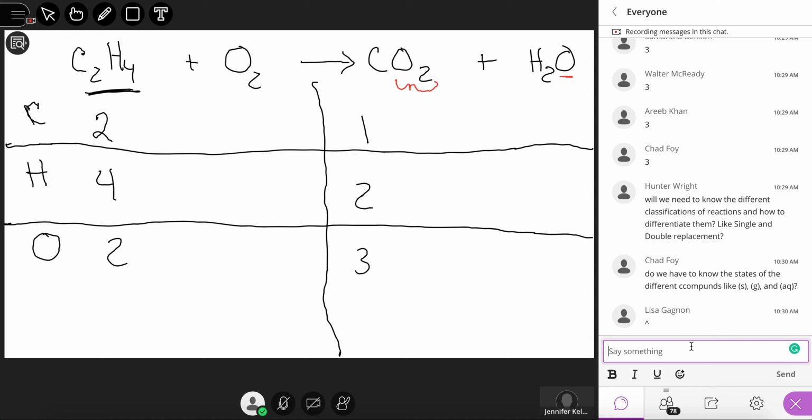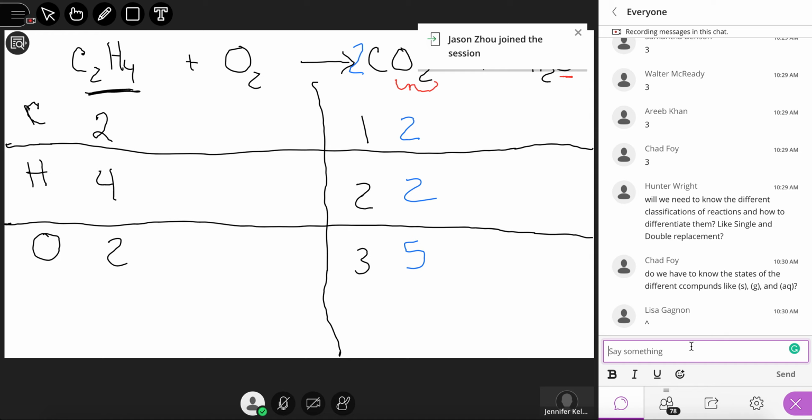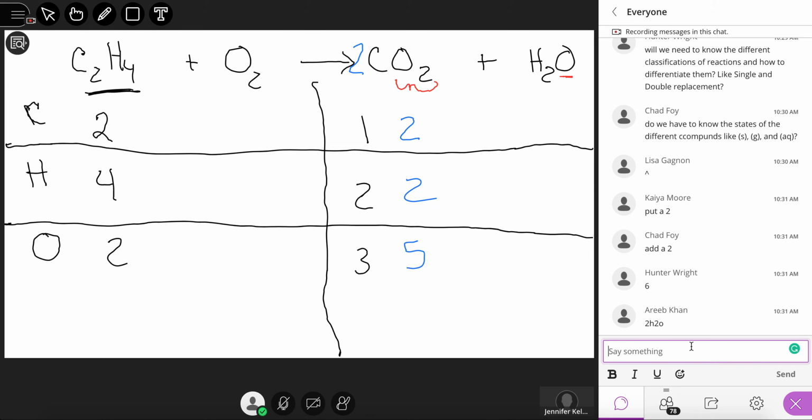All right, so we're going to balance carbon first. So now we have 2 carbon, and then we have 5 oxygen, and still 2 hydrogen. So what will we do now to balance the hydrogen? Any ideas? We have 4 on the left and 2 on the right. Correct. Put a 2 right in front of the H2O.